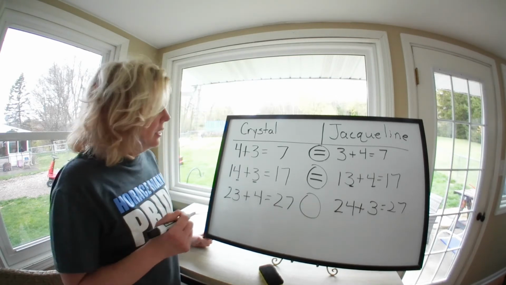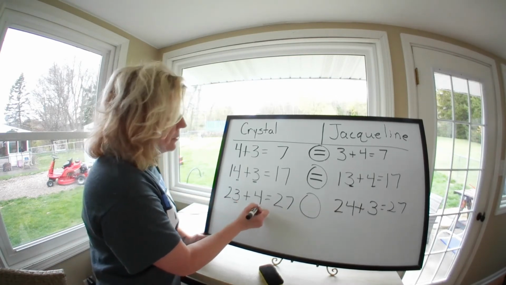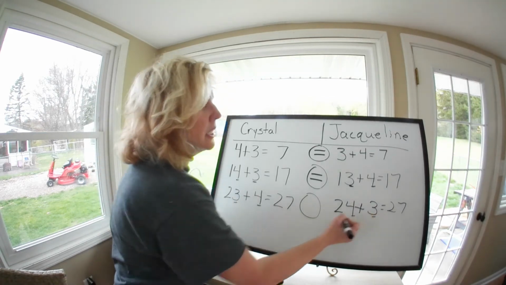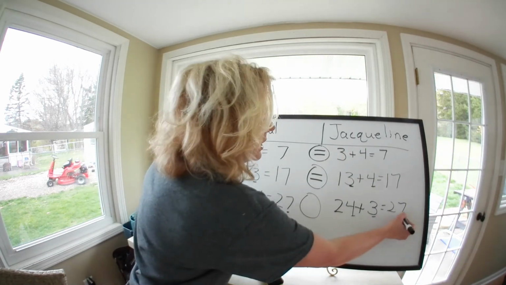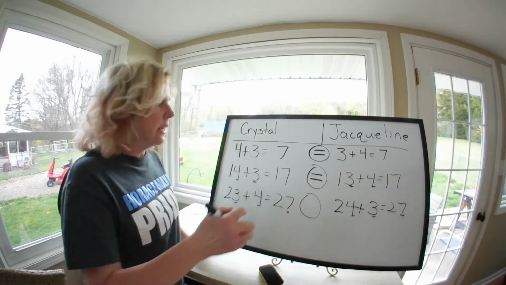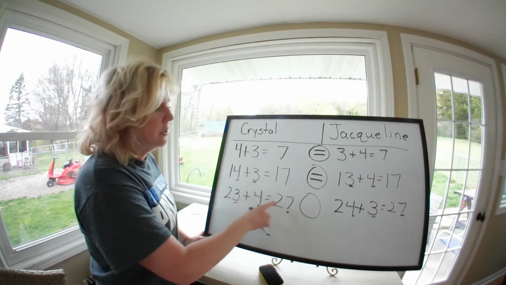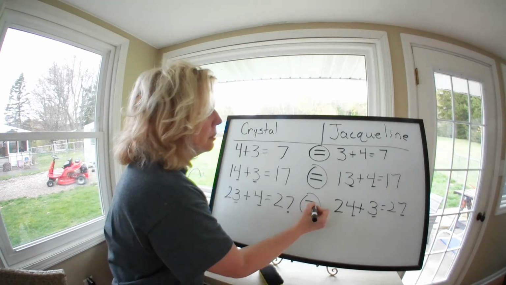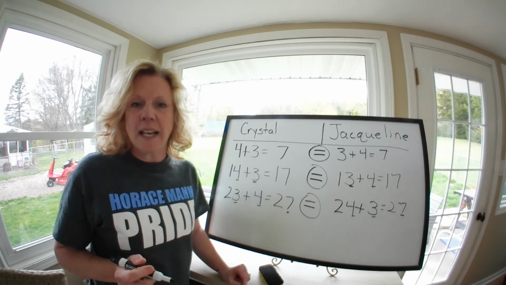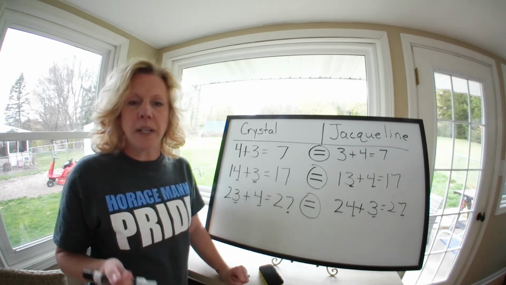Yes, it's equal. Because again, I still have my 3 and 4 over here. So we know that the 1's are still going to be 7. That hasn't changed, right? Now this time, instead of adding 1 ten, I added 2 tens, but I did add it to both sides. So as long as I added it to both sides, that again makes an equal equation.